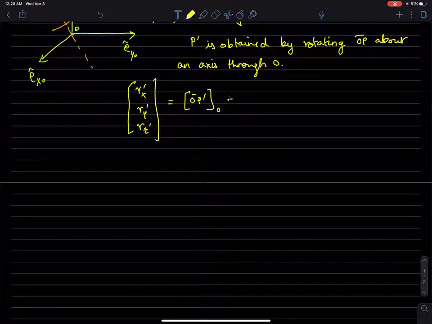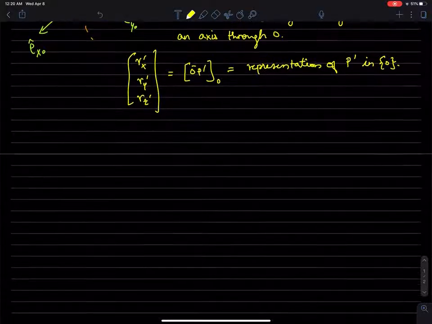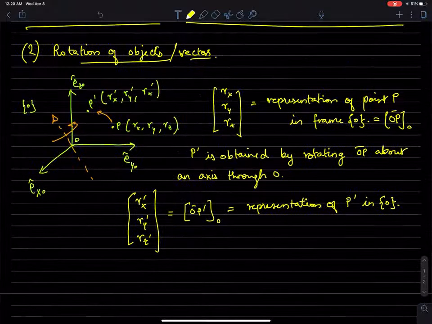So this is a representation of P dash in O, or a frame 0. Okay, so what is the relationship between this and this?